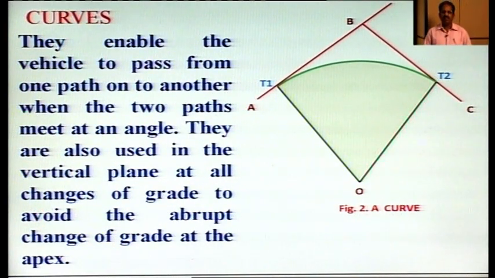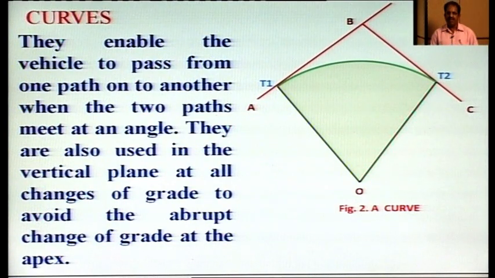Curves enable the vehicle to pass from one path on to another when the two paths meet at an angle. They are also used in the vertical planes at all changes of grades to avoid the abrupt change of grade at the apex.